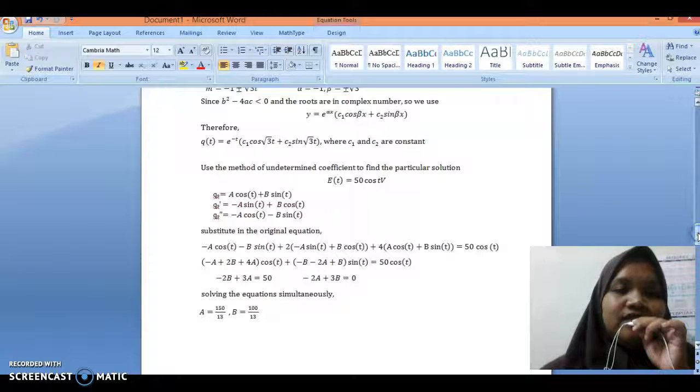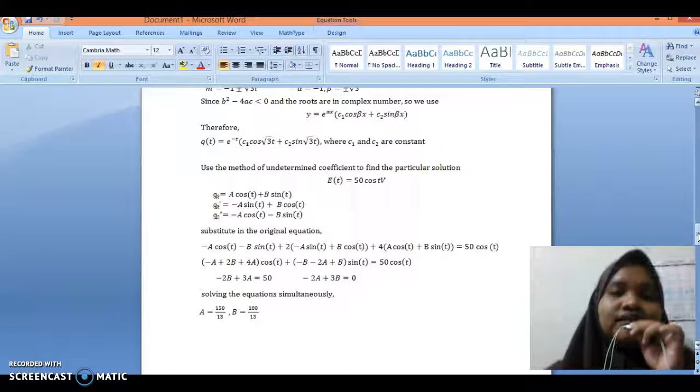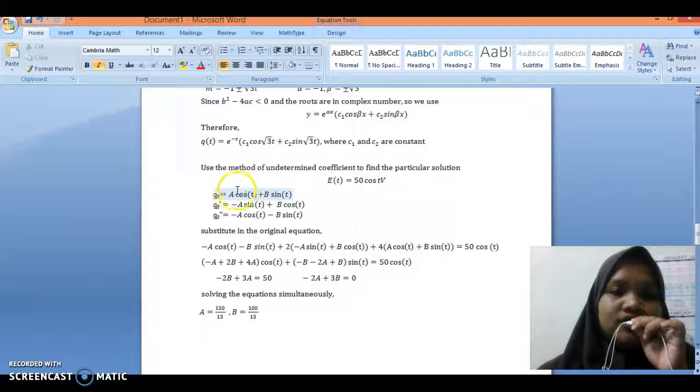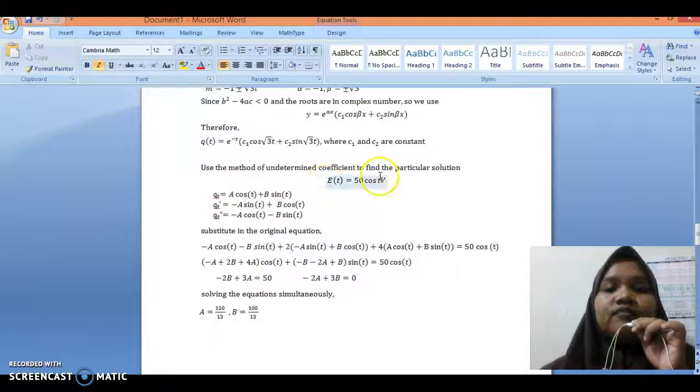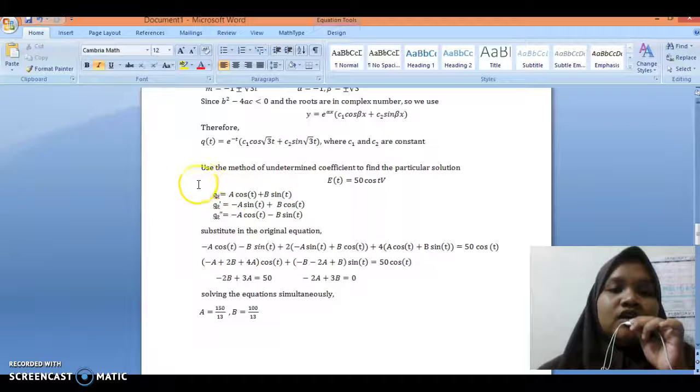After that, to find the steady current and steady charge, we have to find a particular solution by using the method of undetermined coefficients. Since it is in the form 50 cos t, we have to use this equation.